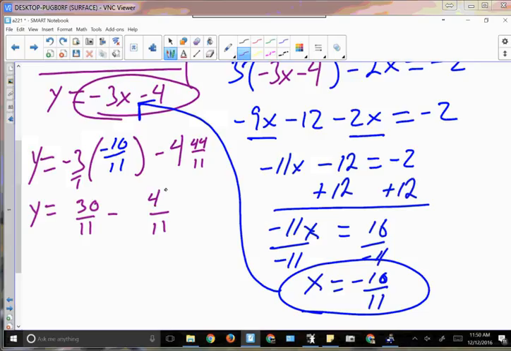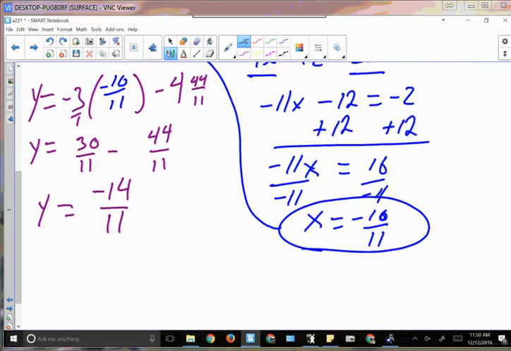So I get minus 44 over 11. Y is going to be equal to 30 minus 44 is negative 14 over 11. So that means the final answer for this thing is going to look like this. Negative 10 over 11, comma, negative 14 over 11.